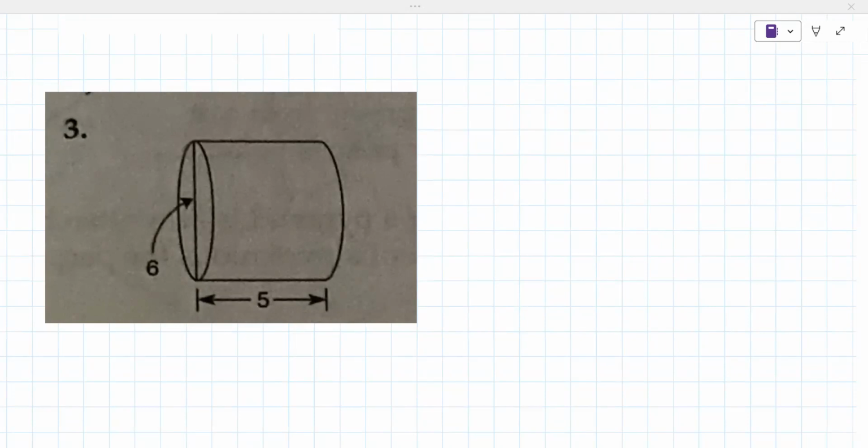So 3 would be the radius and 5 would be the height. Yep. So 3 times 3. Could it be 141.3?